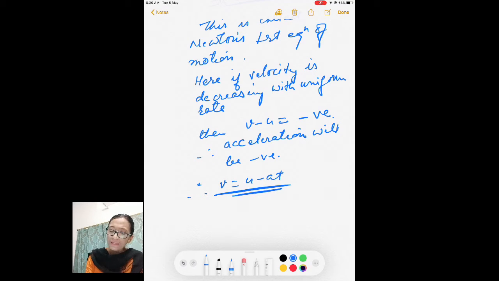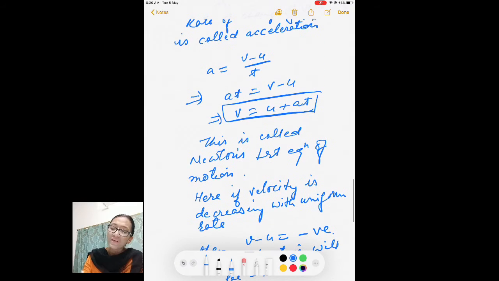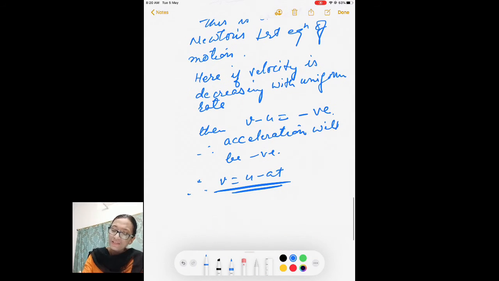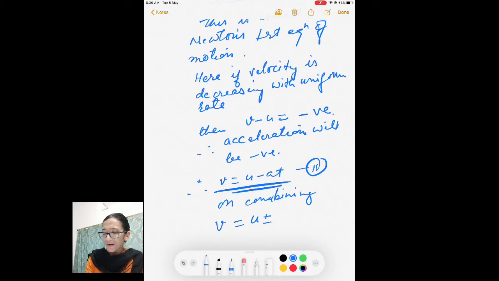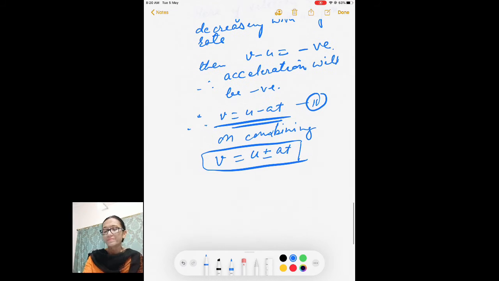When you combine equation 1 and 2, on combining, we obtain v is equal to u plus minus at. So this is the combined formula. Now negative acceleration is also called deceleration.